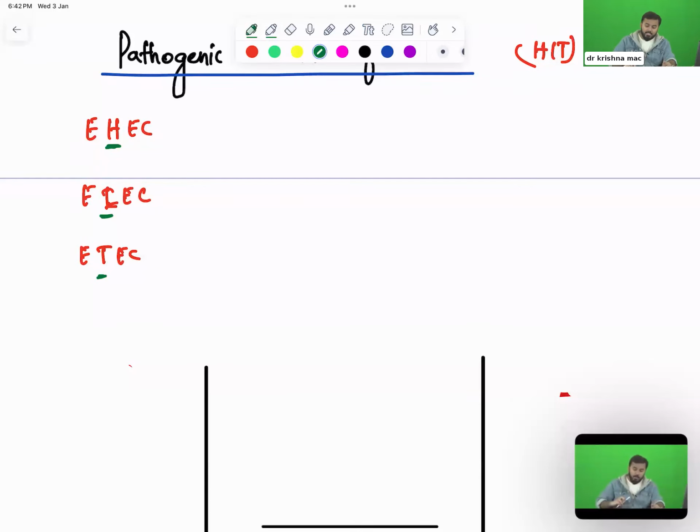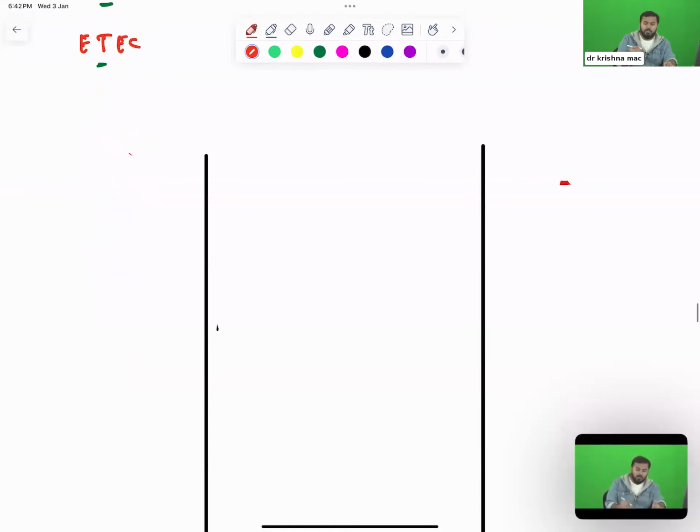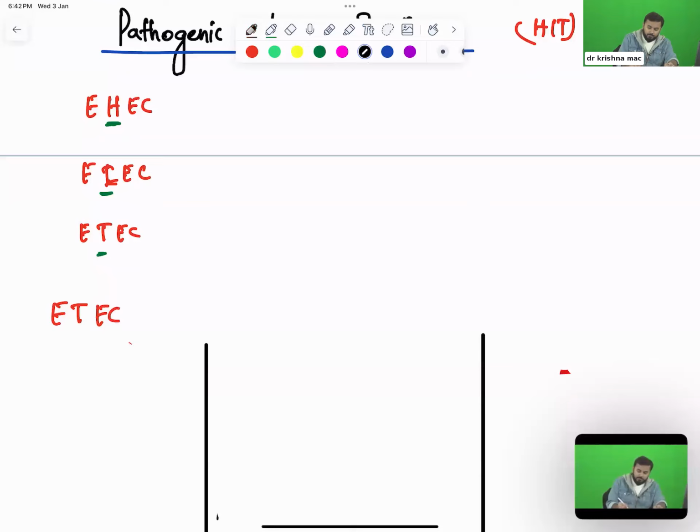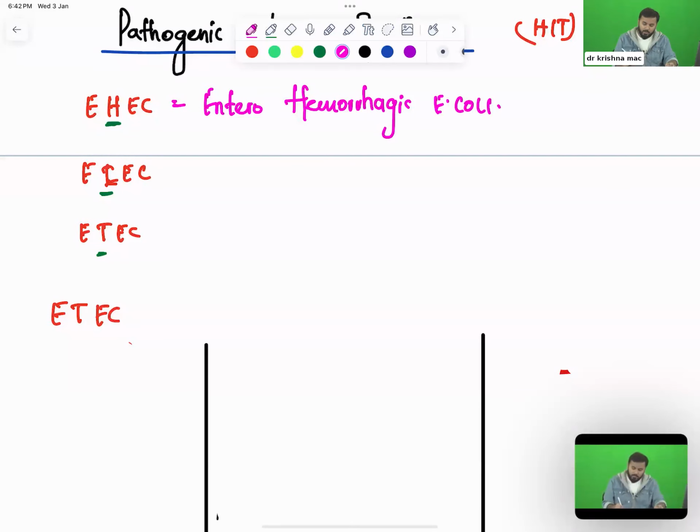Now let us write down and look into a little more detail of this. You will understand now. Enterohemorrhagic E. coli. Next, we have enteroinvasive E. coli.